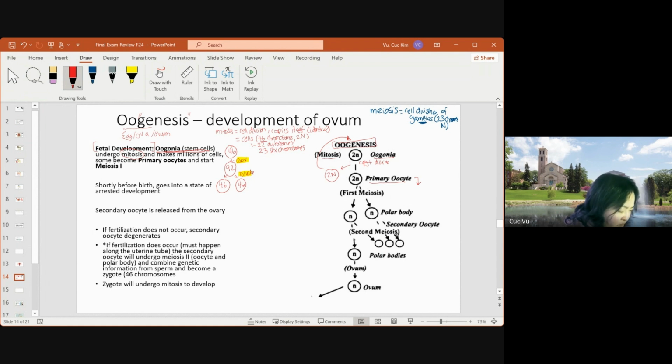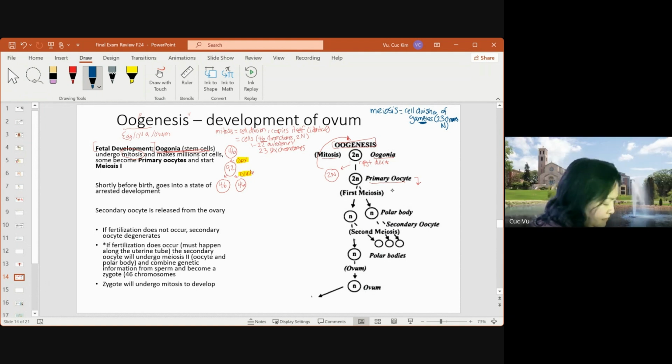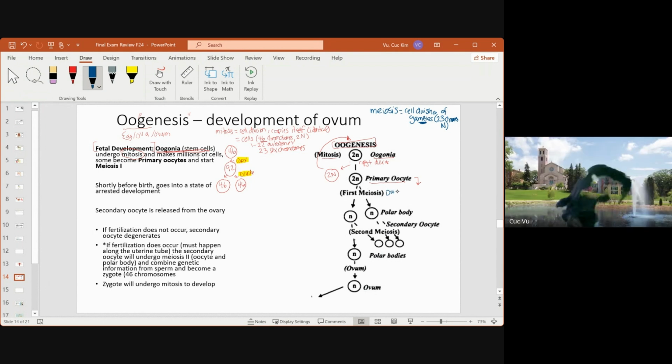What happens in meiosis 1 again? Remind me what happens in meiosis 1? It divides itself. Divide. There you go. In meiosis 1, there's just a divide. Here's the thing though. It begins meiosis 1, but it actually doesn't finish. So it stops. Meiosis 1 stops before it ever finishes.